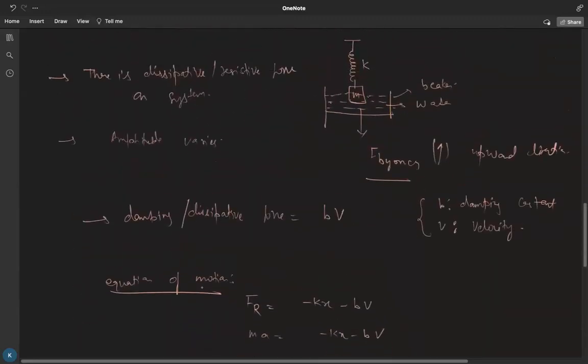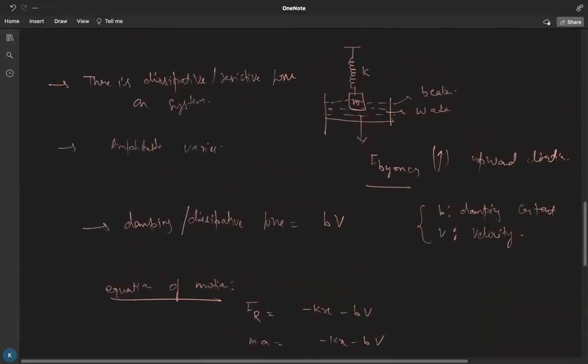The reason is that we don't have the same frequency every time. We have a continuously acting dissipative force, so it affects our amplitude, it affects our omega, and so it automatically affects our frequencies.